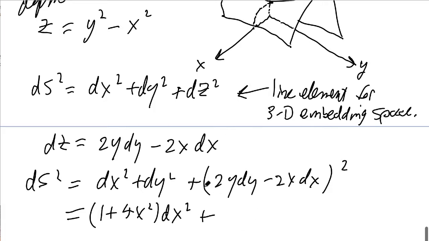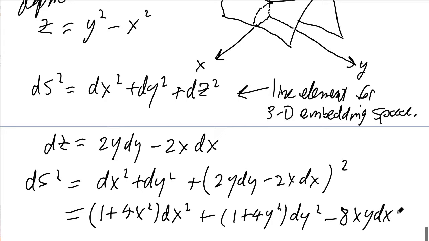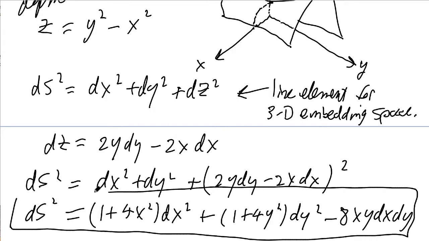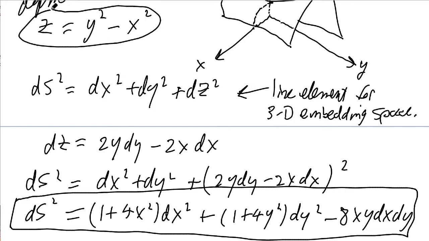Similarly, for the dy squared terms, we have a 1 from here and a 4y squared from here. And then we also have the cross terms from squaring this. That would be 2 times this term, so that would be minus 8 times x y dx dy. So this is the line element for a horse's saddle defined by this relation in terms of the embedding space coordinates.